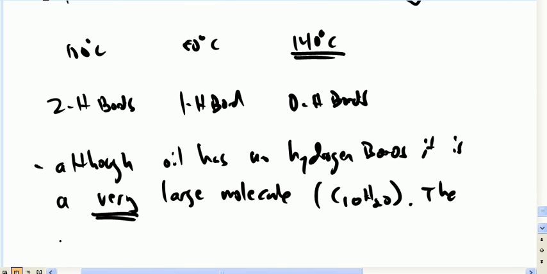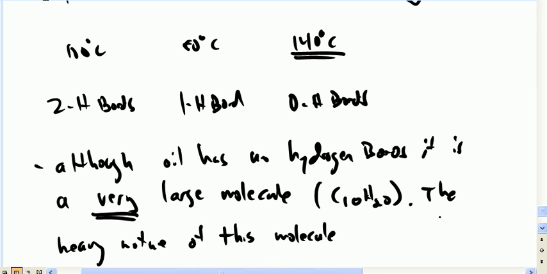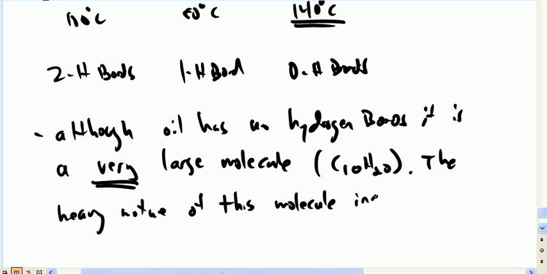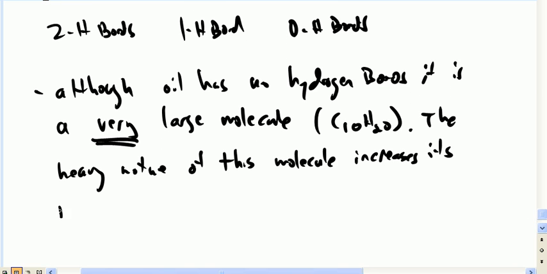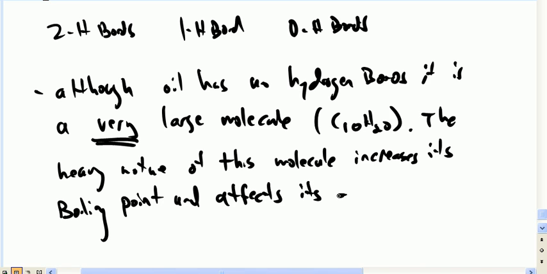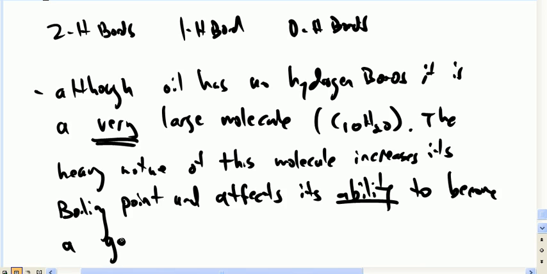The heavy nature of this molecule increases its boiling point and affects its ability to become a gas.